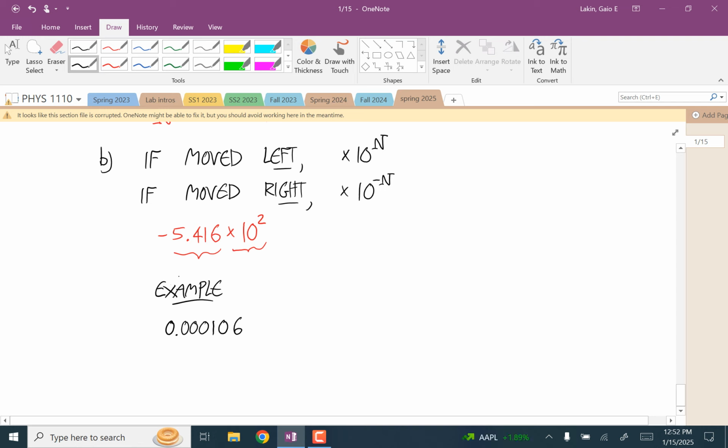By changing the number from 0.000106 to just 1.06, I'm making that number bigger. So I have to multiply it by something smaller than 1, and so I know that it has to be 1.06 times 10 to something smaller than 1. And that's how I know that it's a negative exponent.